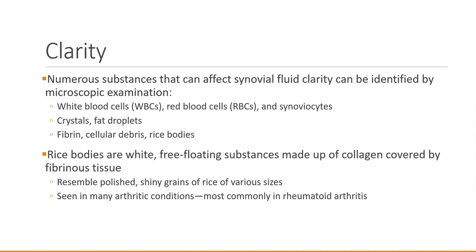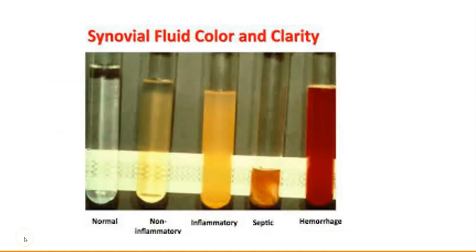These are white, free-floating substances made up of collagen covered by fibrinous tissue. They resemble polished, shiny grains of rice of various sizes, and they're seen in many arthritic conditions, most commonly in rheumatoid arthritis.